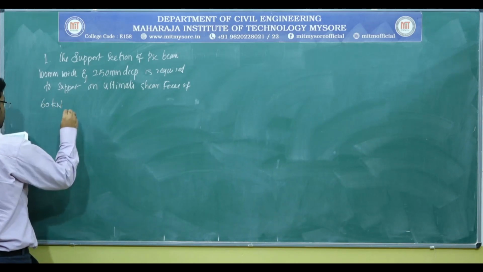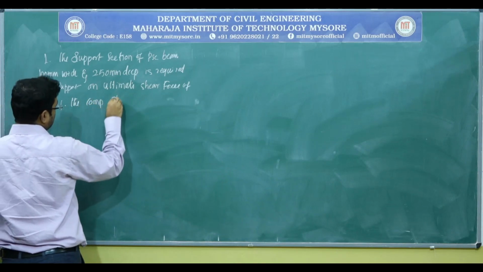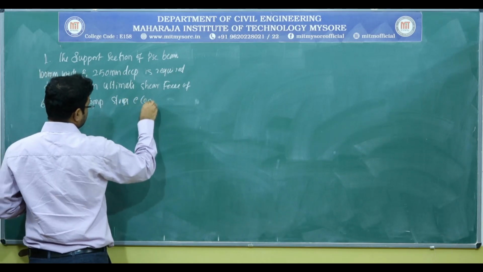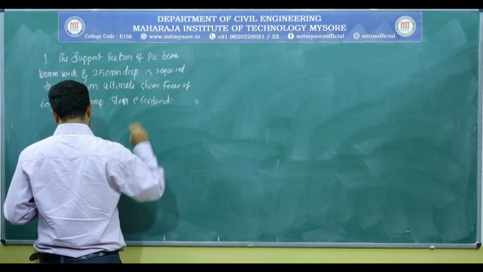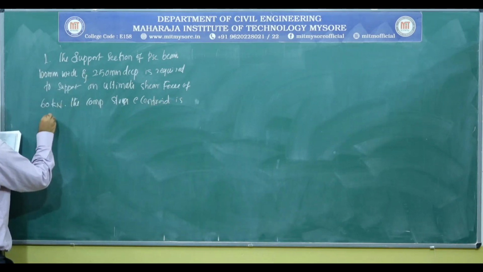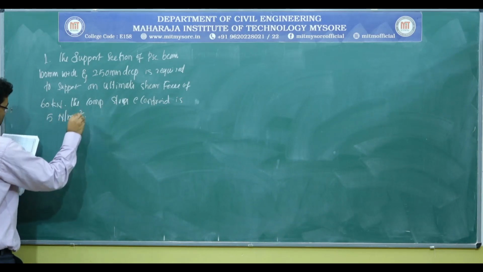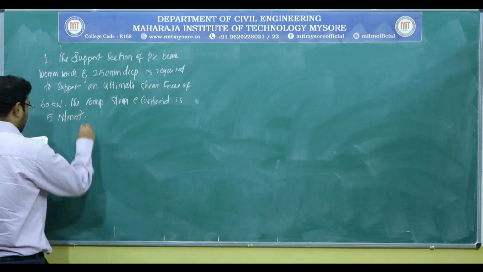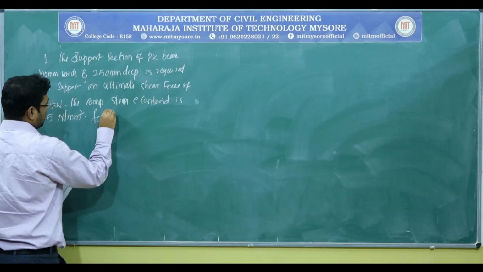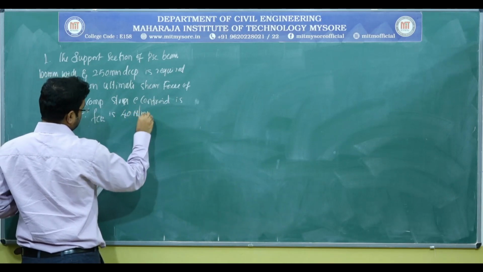The compressive stress at centroid is 5 newtons per millimeter square. The characteristic strength of the concrete, fck, is 40 newtons per millimeter square.